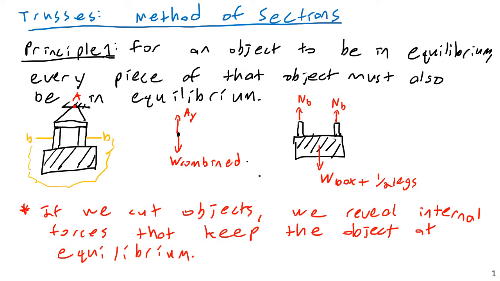And I think I also want to add a principle 2 that will go along with this to make the method of sections practical. So again, this is basic statics, but it's, again, important to remember. Principle 2.